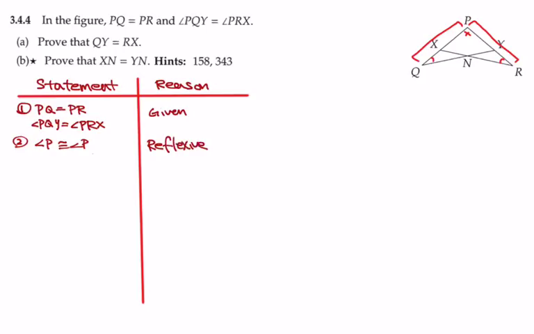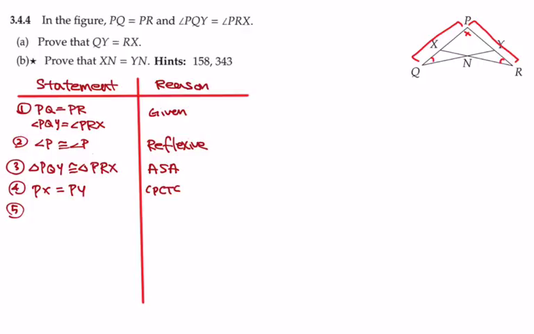Alrighty. Now once we have done that, we can say the two triangles, triangle PQY is congruent to triangle PRX. The reasoning is angle side angle. Alright. But knowing that, it tells us that side PX is congruent to PY through CPCTC.